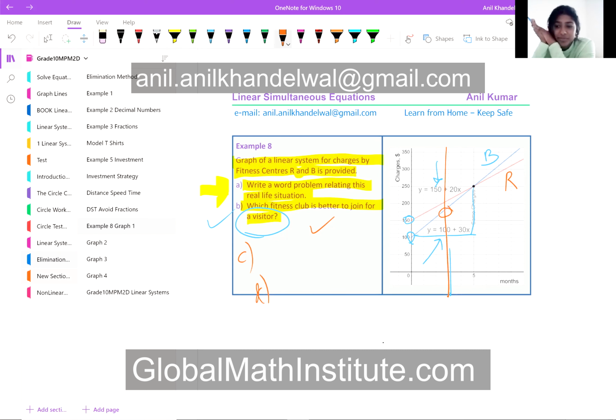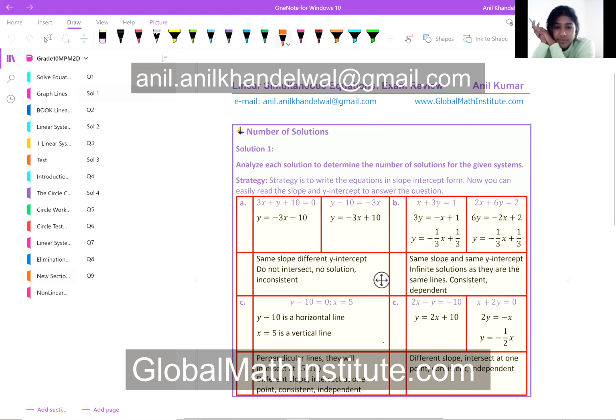Okay, so to end this session, what I'll do here is we'll go through some questions quickly. So we have done substitution and elimination method. I thought I'll just share with you some questions which will kind of refresh your memory on how we started with linear systems and what we have done so far.